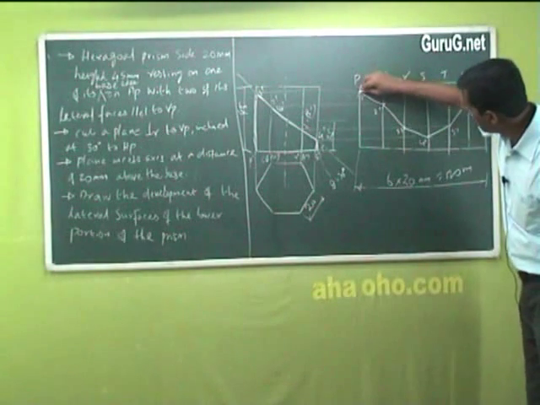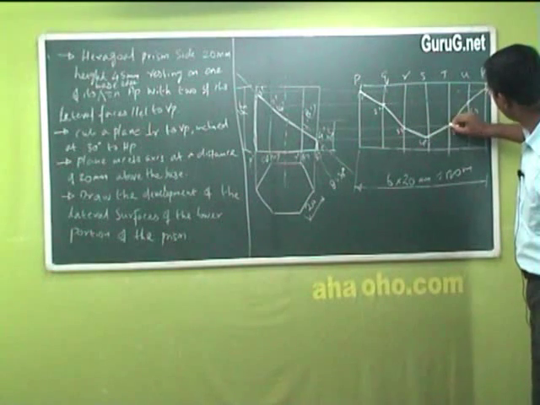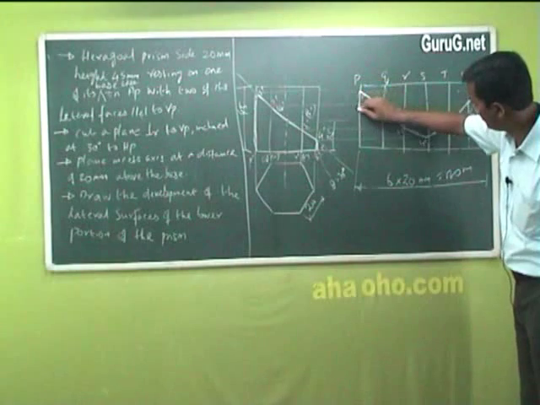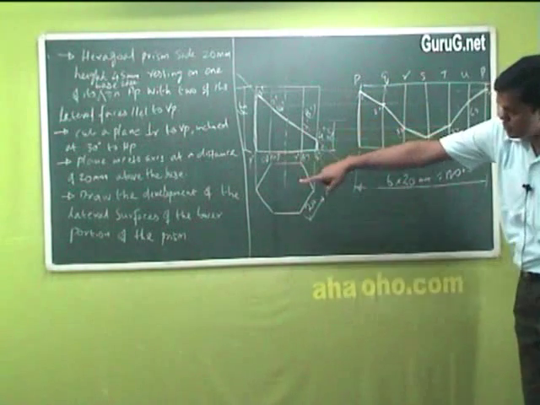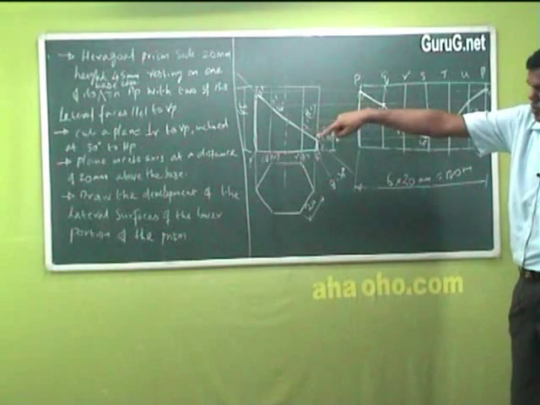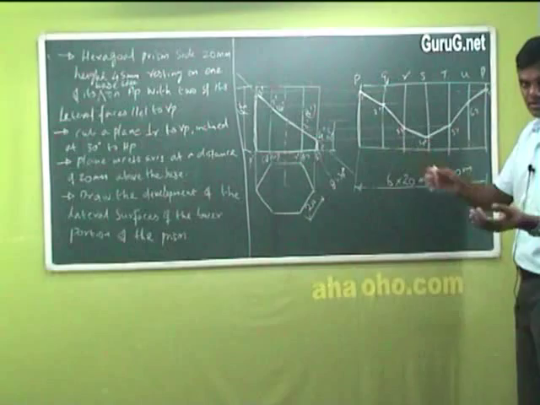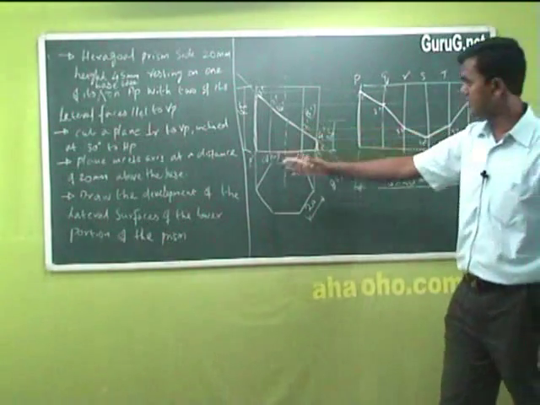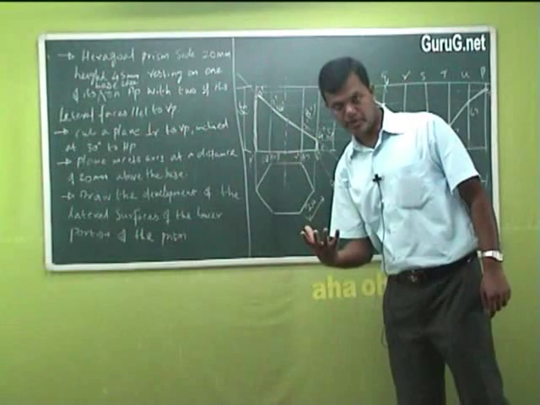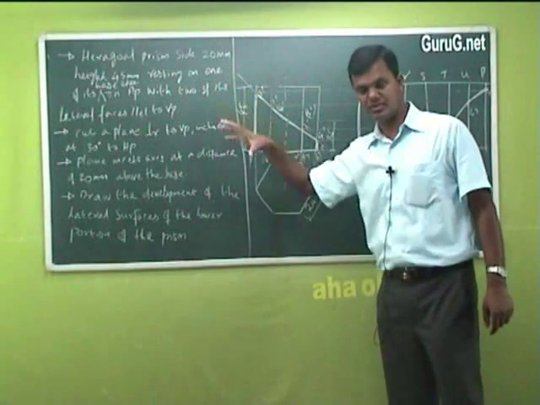Now using your HB pencil, you have to make it thick. Which portion? This portion alone. Because you need to show the development of the lateral surface of the lower portion of the prism. Lateral means outer surfaces. You could ask me a question, sir, it is a hexagonal prism, you have not shown the top and bottom ends. Remember the previous sketch, I have shown different types of ends.